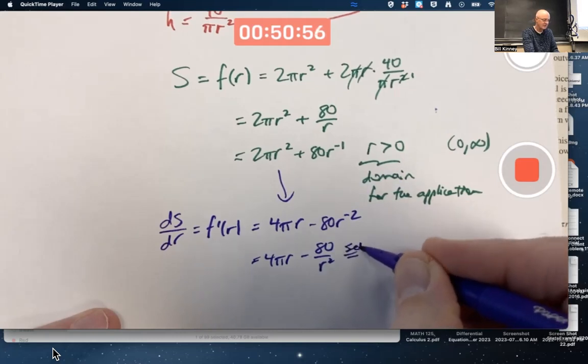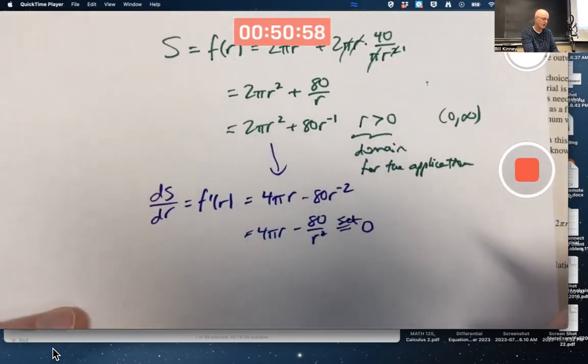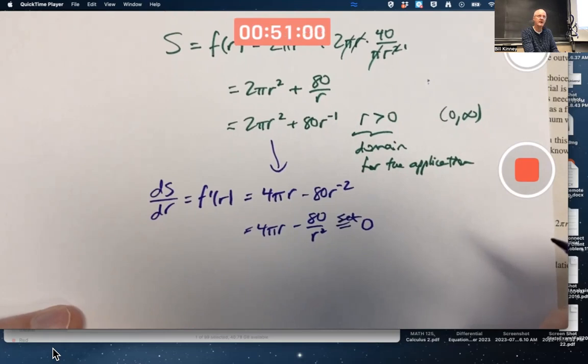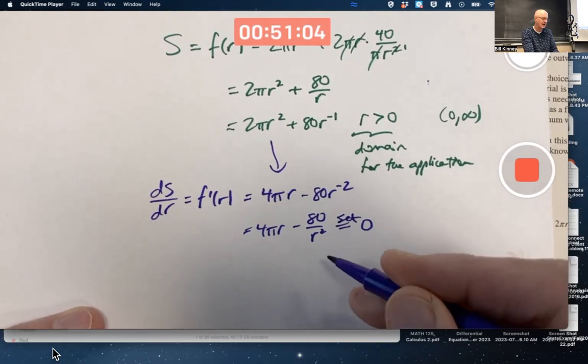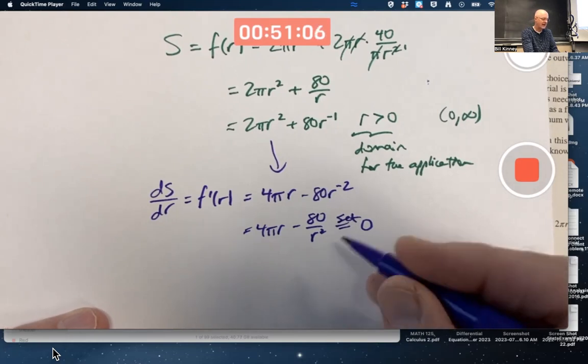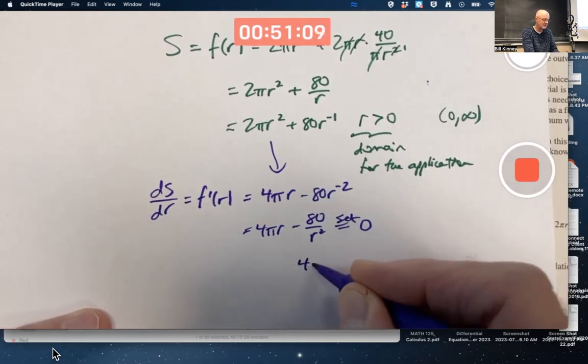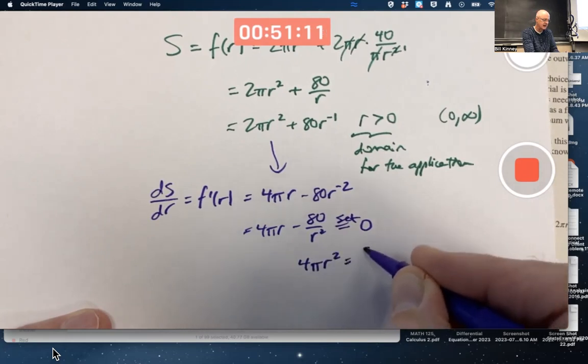We're looking for positive critical points. Set it equal to 0 and try to solve for r. Looks complicated, but it's easier than it looks. I would add 80 over r squared to both sides and get 4 pi r equals 80 over r squared.